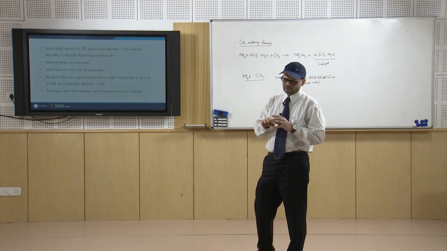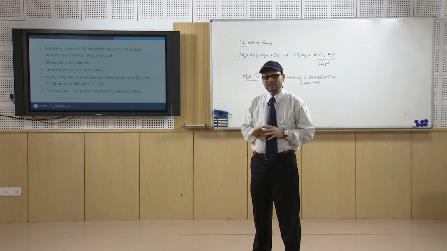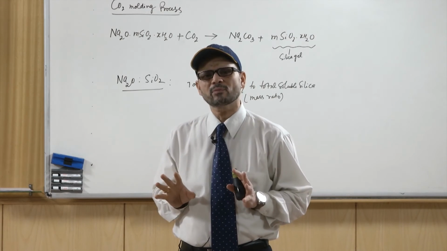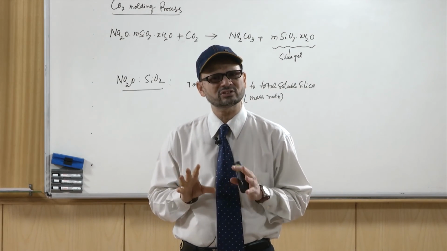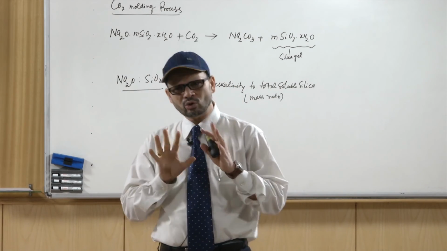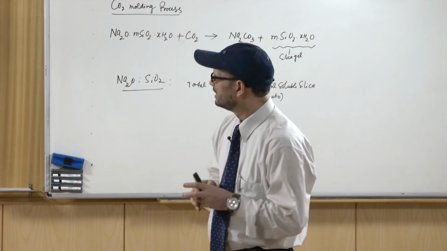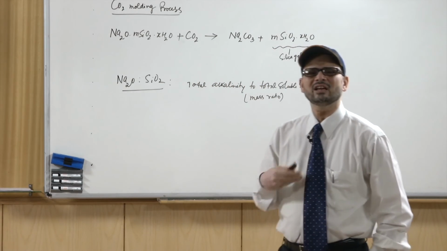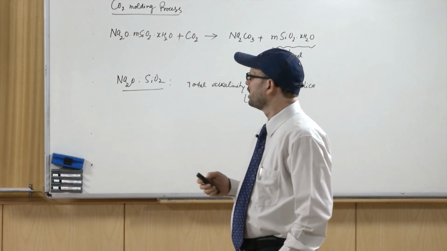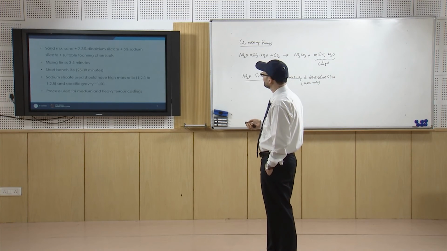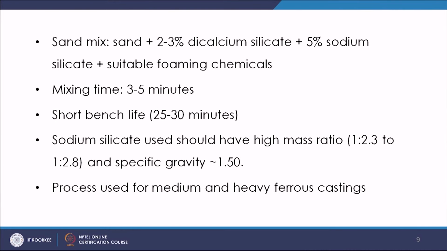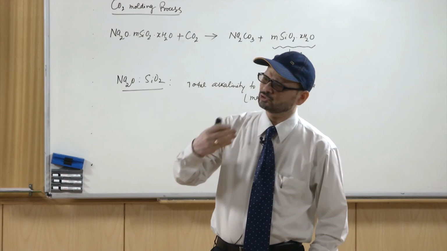Without any ramming, it goes into all the internal cavities and all the corners like a fluid sand, and that is why it is also known as the fluid sand process. Its bench life is about 25 to 30 minutes. So, here also bench life is short, you have to use it quickly.